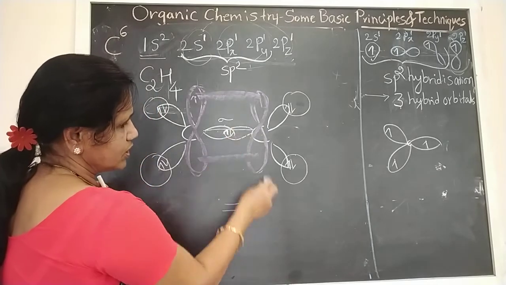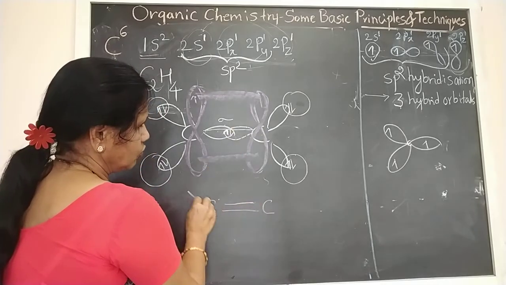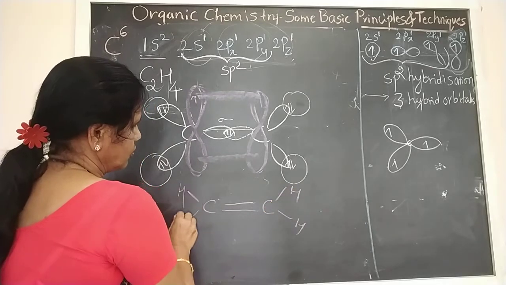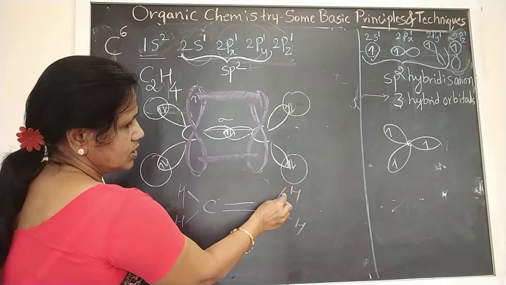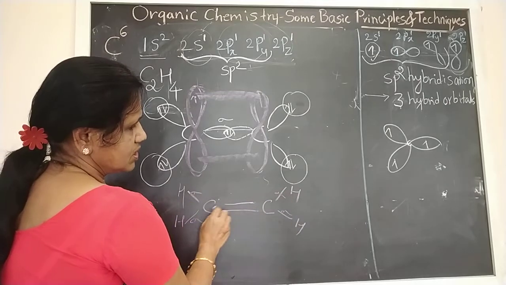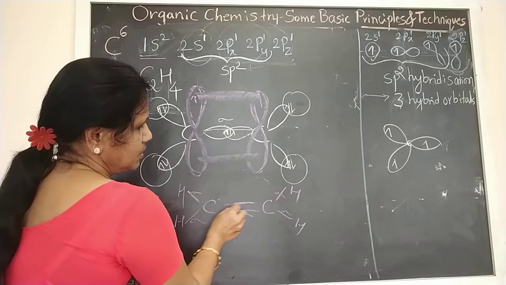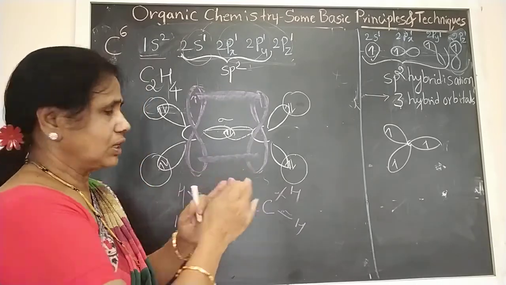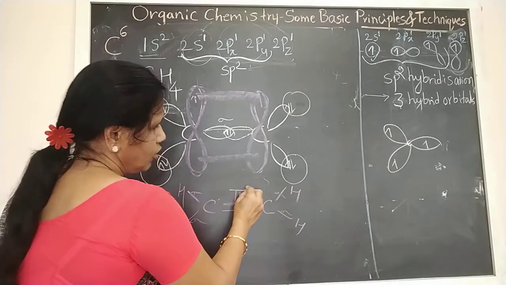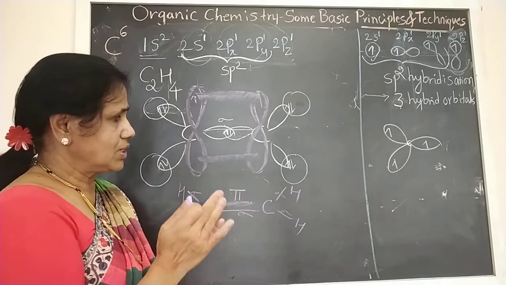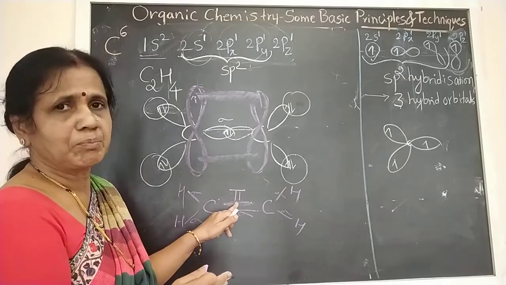After the formation of the sigma bond, the pi bond is formed and it gives C2H4. So these four are CH sigma bonds, and one is a CC sigma bond, but the other one, formed by lateral, sideways overlapping of the unhybridized orbitals, is a pi bond.